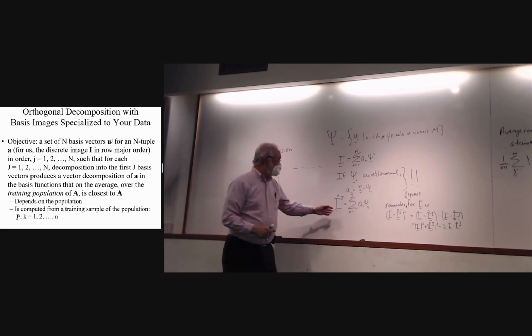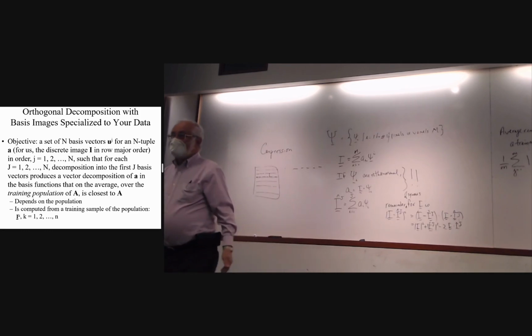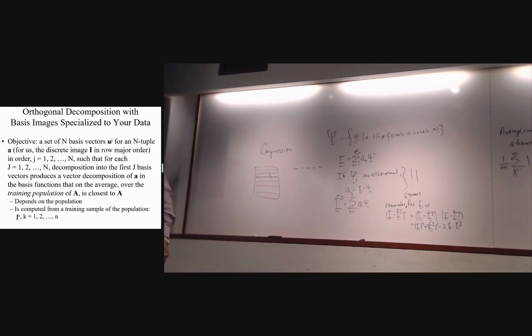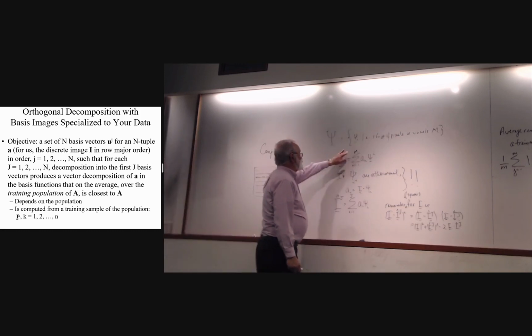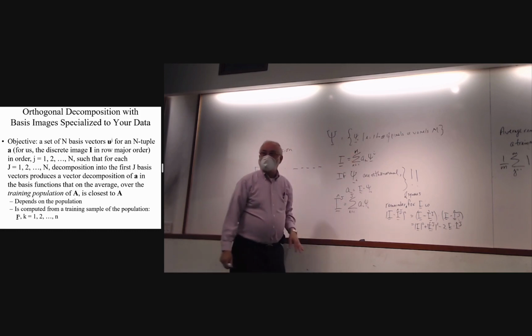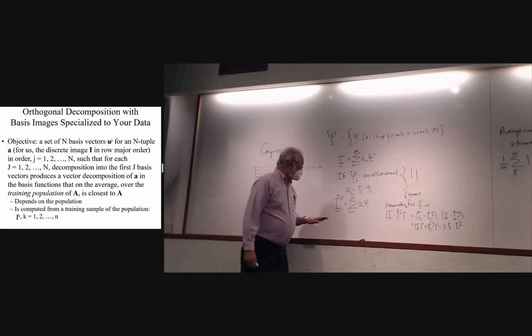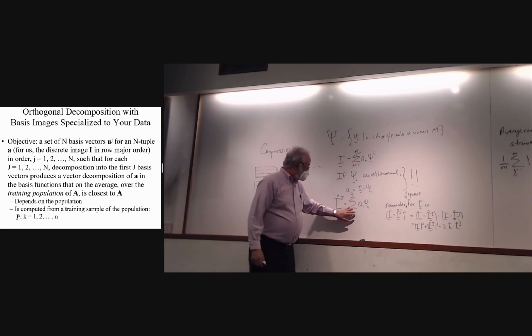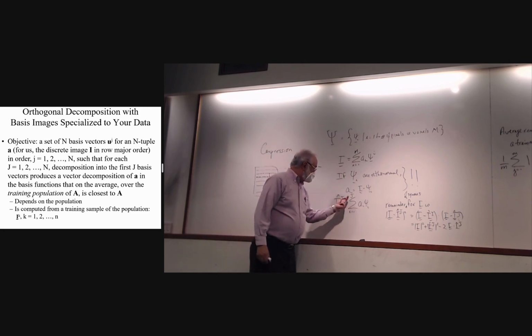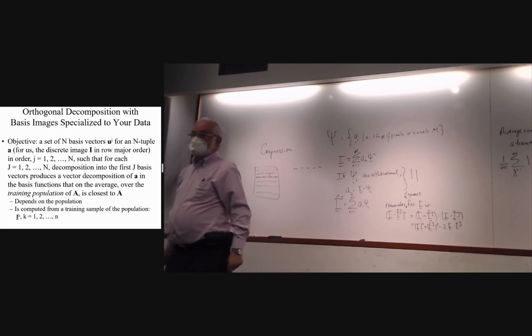But we're going to be interested in compressed images. The idea is that instead of having a big number, capital M, of images, we just want an approximate image that is simply the first capital J of these basis images.